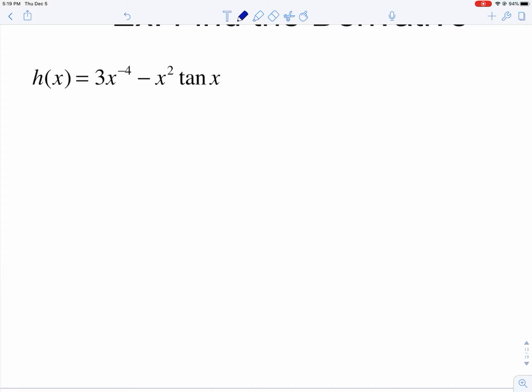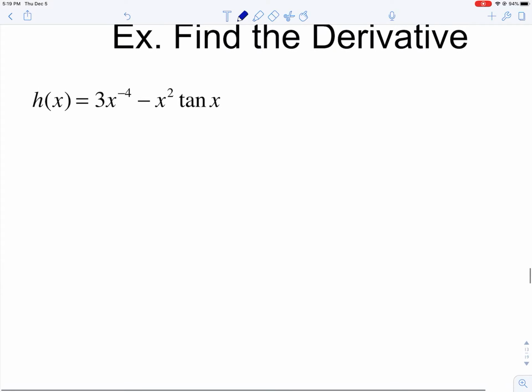Okay, so our next trig function, we have this first piece, which is 3 times x to the negative 4th. That we'll just be able to use power rule to find the derivative of. And then we have minus x squared times tangent of x. So we're going to actually need to use product rule to find the derivative of x squared times tangent.